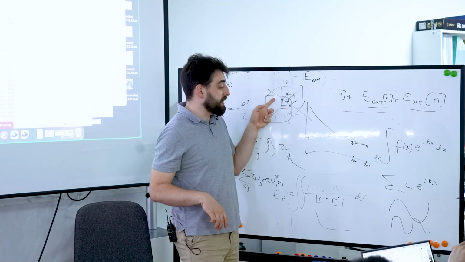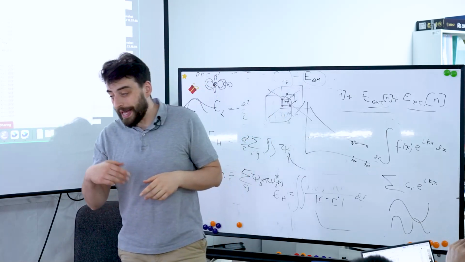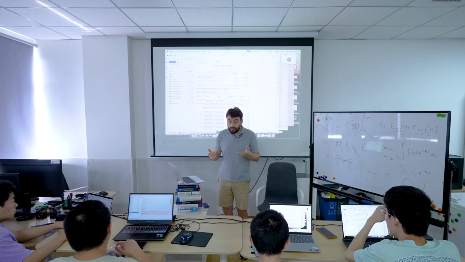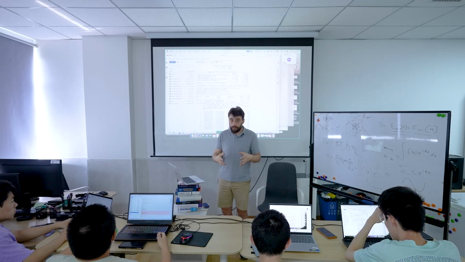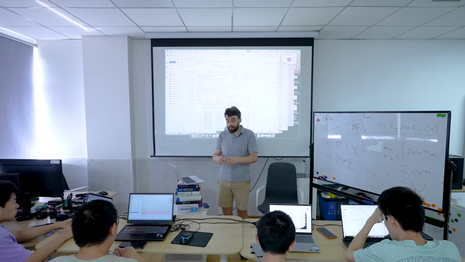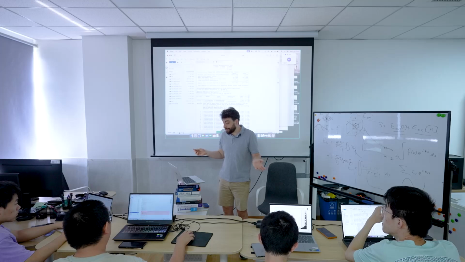So the bands are basically the states or the orbitals in molecular orbital theory, but in solid state, in crystals, the bands are like our periodic orbitals, just our states.